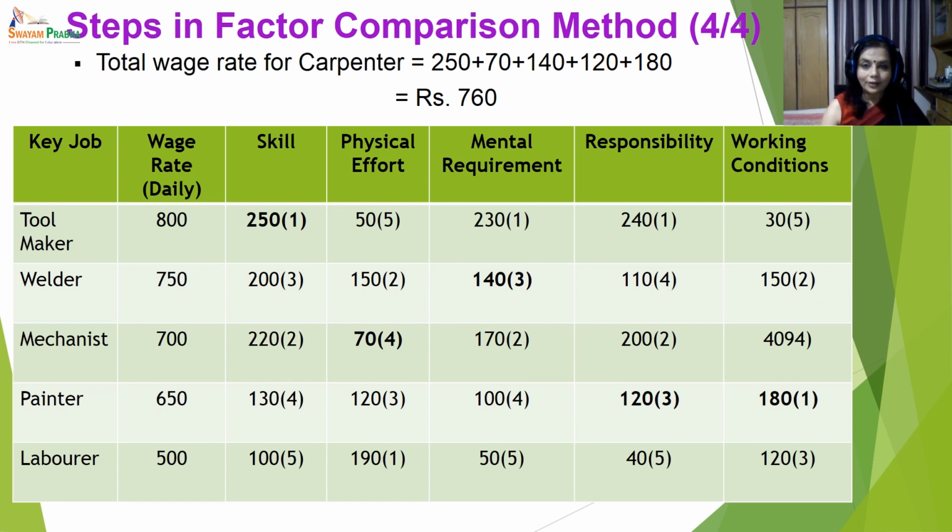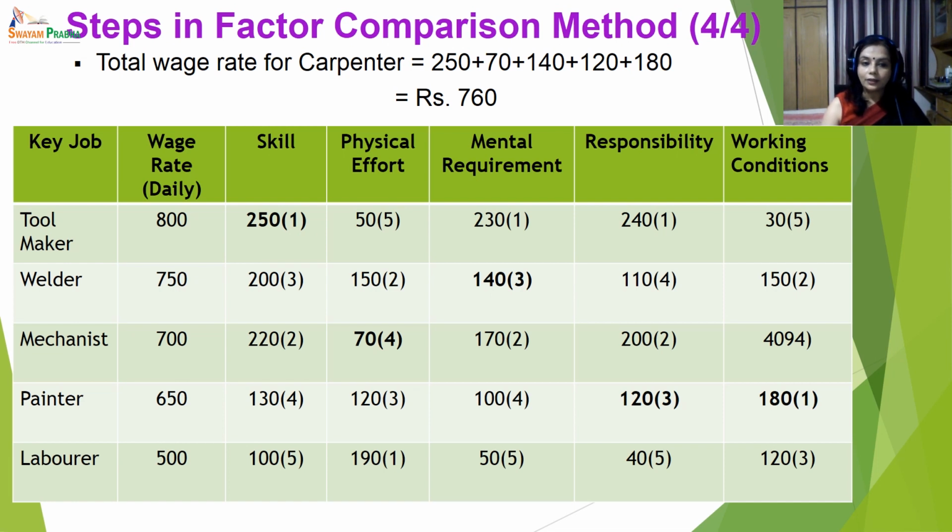Like for toolmaker, skill is the most important, and likewise for welder, mechanist, and everybody, we have ranked them in terms of skill. First, we have ranked them for physical effort, for mental requirement, for responsibility, for working condition, and then accordingly we have apportioned the wage rate for each of the key jobs.